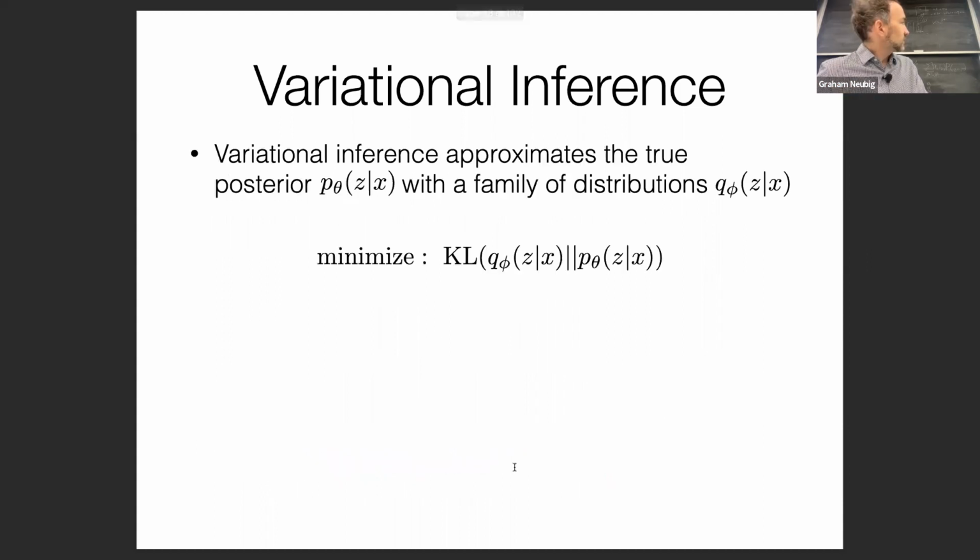This is a little bit detailed. I'll try to explain it briefly, and you can read the very nice tutorial that I have in the recommended reading if you want to go into this more. But basically, variational inference approximates the true posterior with a family of distributions.